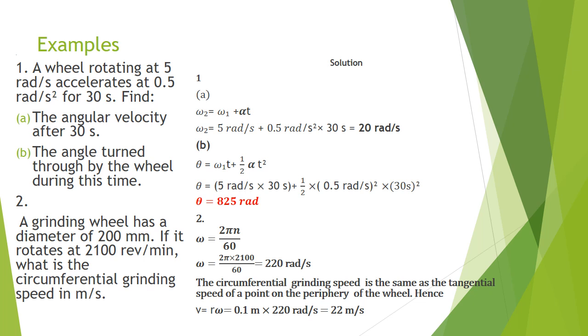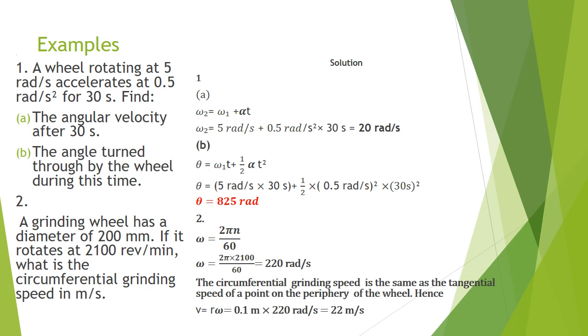Let's look at example 1. A wheel rotating at 5 rad per second accelerates at 0.5 rad per second squared for 30 seconds. Find A, the angular velocity after 30 seconds, and B, the angle turned through by the wheel during this time. So 1A, omega 2 is equal to omega 1 plus alpha times t.